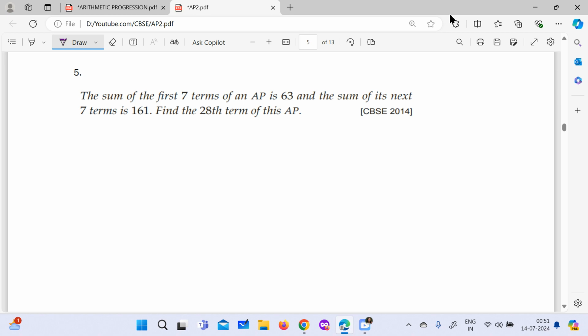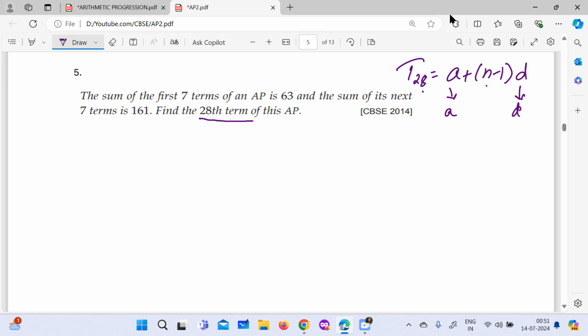When it says find the 28th term, this stands for T28. And now to find this, you need a plus n minus 1 times d. Means you need the value of a, you need the value of d. And since this is the 28th term, we already have the value of n, that is 28. Now let's see how to work on this.